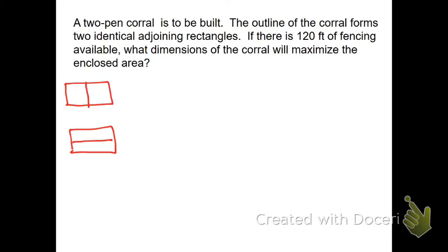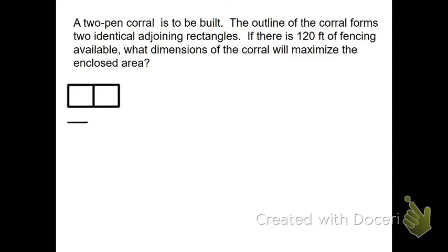All right, let me clean up my picture, start over. Okay, that's much better. Where you put your X's and Y's on this, you could do it more than one way, but I usually do the entire length. I call this entire length X, and then up and down, I'll call that a Y. Now, it says the amount of fencing is 120. Well, if we're fencing in all of this region, how much fencing is that?